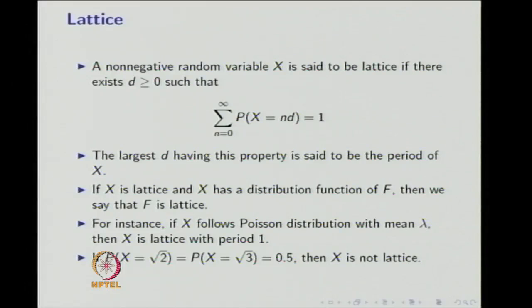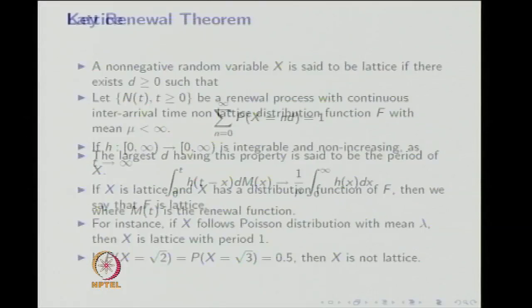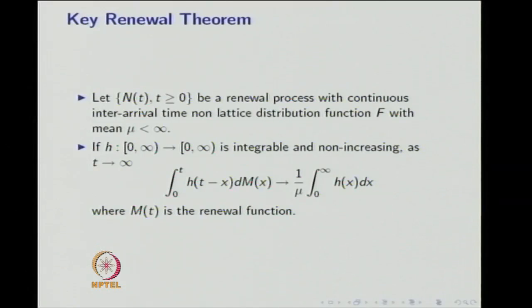So using lattice, we are going to discuss the second renewal limit theorem, that is the key renewal theorem. Let X(t) be a renewal process with a continuous interarrival time, non-lattice distribution function F with the mean mu. So this is a renewal process whose interarrival time distribution is non-lattice and has a finite mean.